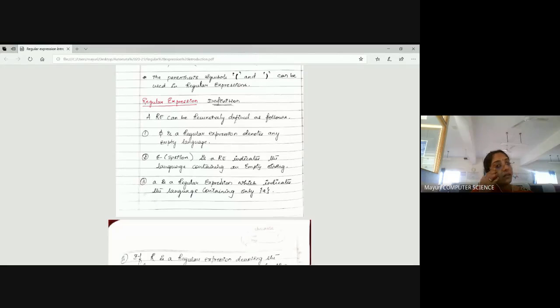Then not only empty language, empty input. We always represent our empty input string as epsilon. Even epsilon is also a regular expression. Then coming to the basic length, I'll give it length 1. Any alphabet symbols A, B, C like that, length 1 alphabets are also regular expressions.